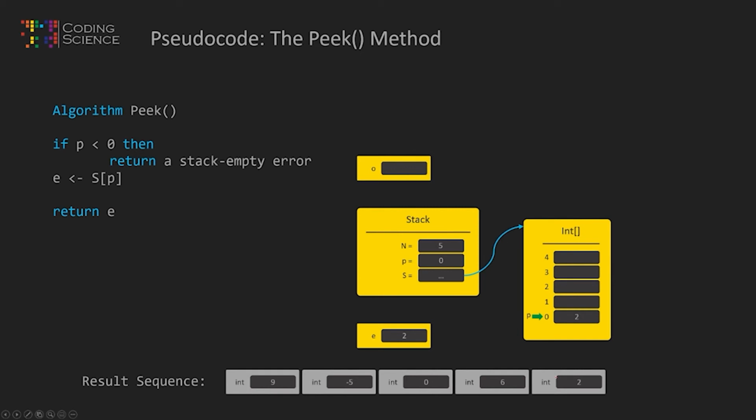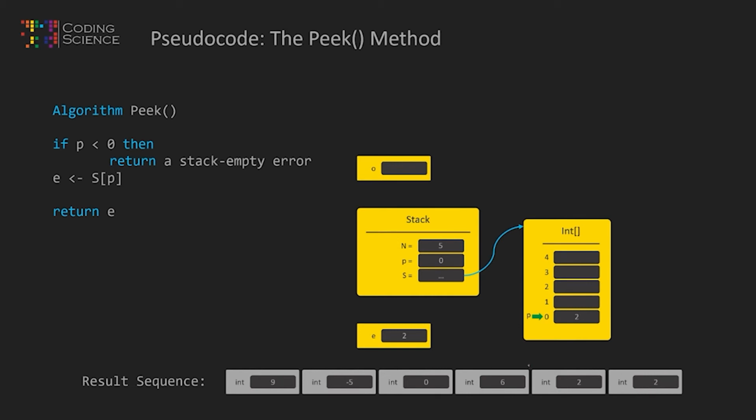But what if we do it again and we peek again? What would happen then? Well, as you see in here, we didn't do any changes to P. We didn't subtract 1 from P, so it's still at 0. And we didn't nullify the number 2 in the position 0. So if we do it again, we get the same result, and we get the second number 2 here.